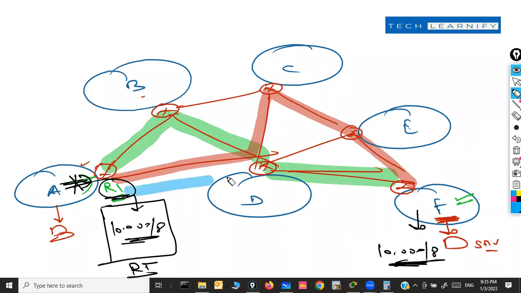You can see there are multiple paths here. Which is the best path, the shortest path, which will take less time? So again, we have to tell the router that the remote network is this, and if you have any packet, then just route this, take this path, right? Shortest path.